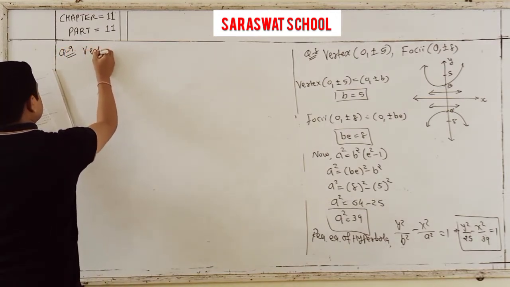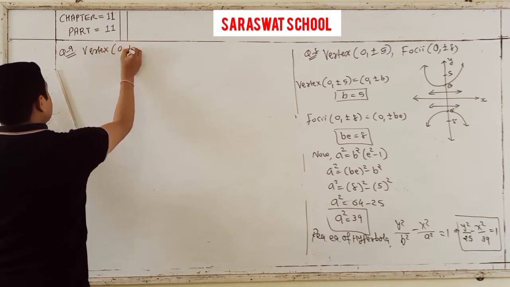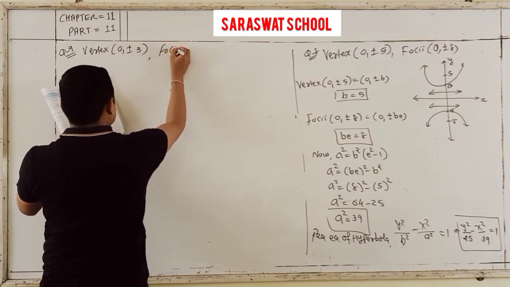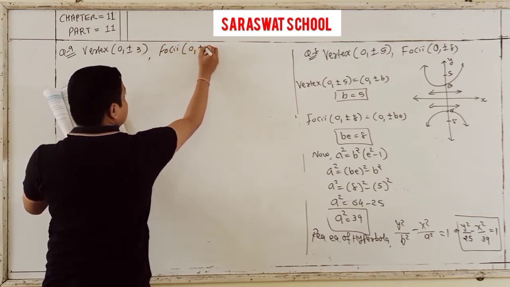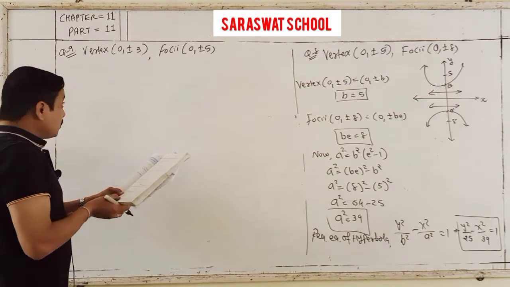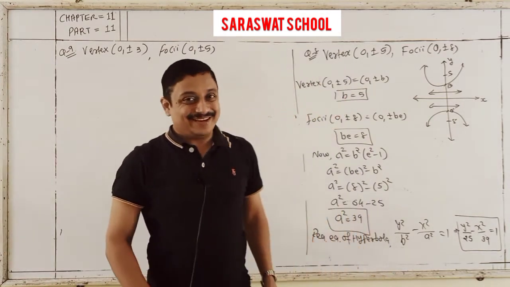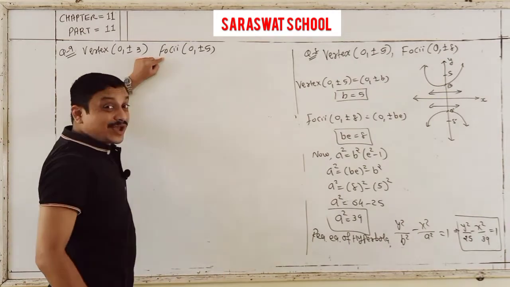Vertex is (0, ±3) and foci (0, ±5). Very easy. Again check the foci are on the y-axis.